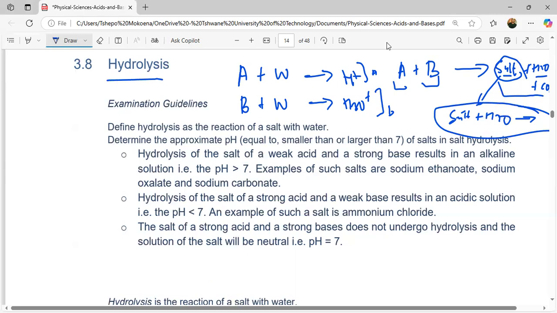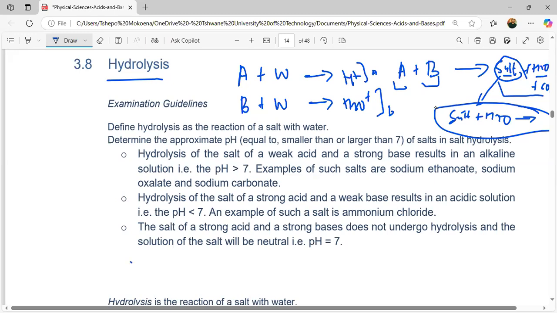Now, the purpose of us doing hydrolysis is to determine the pH of the solution. When acid reacts with base, will the solution be acidic, or basic, or neutral? That's what is happening.